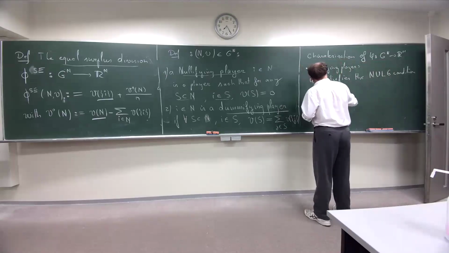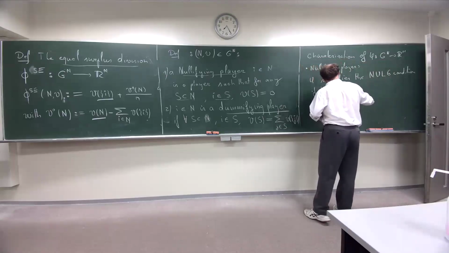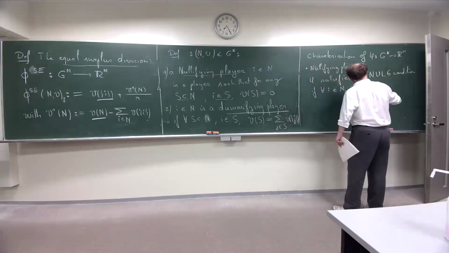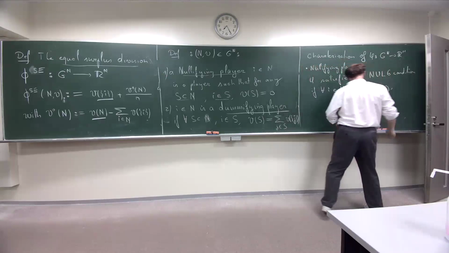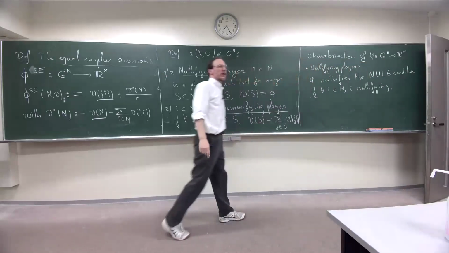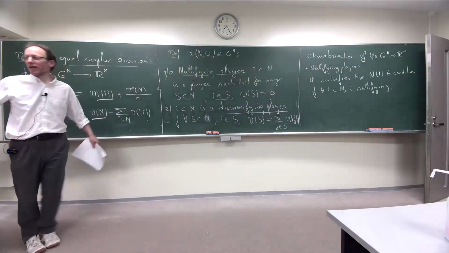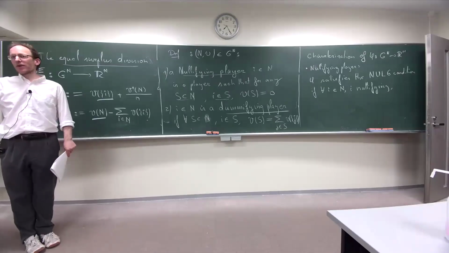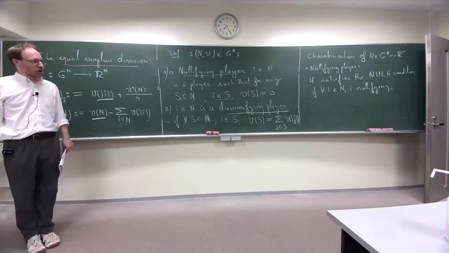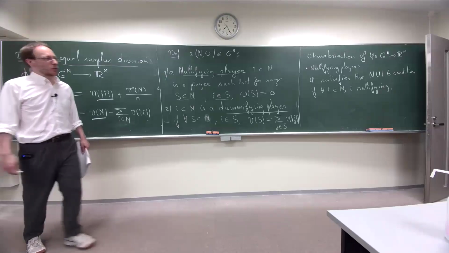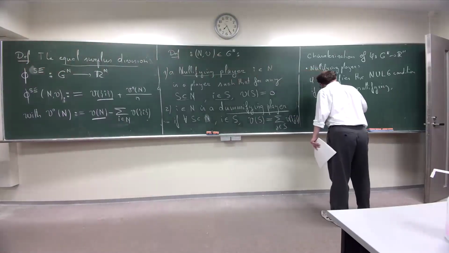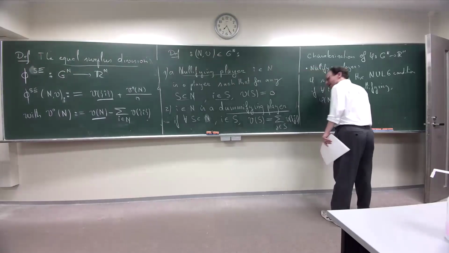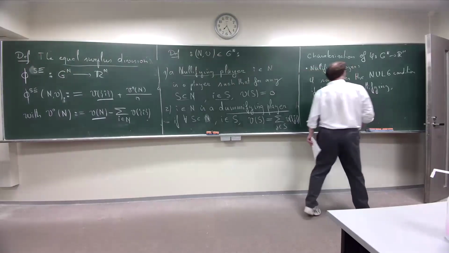If for any player which is nullifying, how much money are you going to give to a nullifying player? Whenever this player is in a coalition, the coalition has 0, so probably phi of (N, v) entry I is going to be 0.